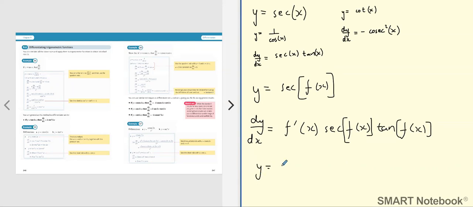And if y equals cot, the same thing. We're just going to use the chain rule, multiplied by the differential of f of x at the front, and then that remains the same. Right, okay.